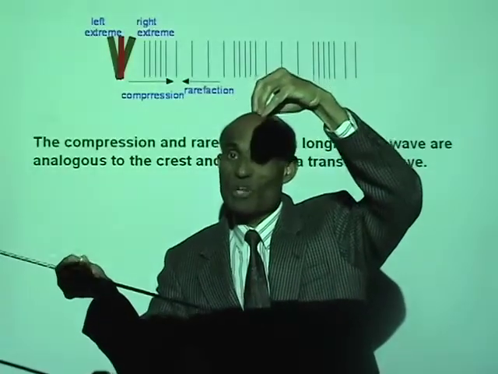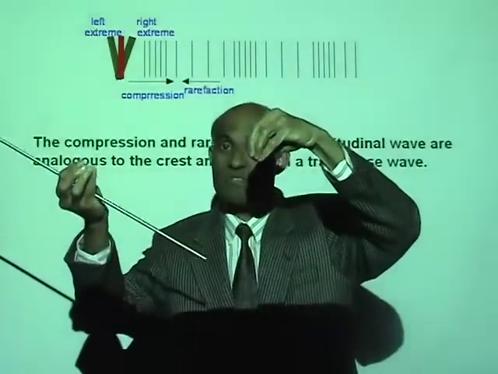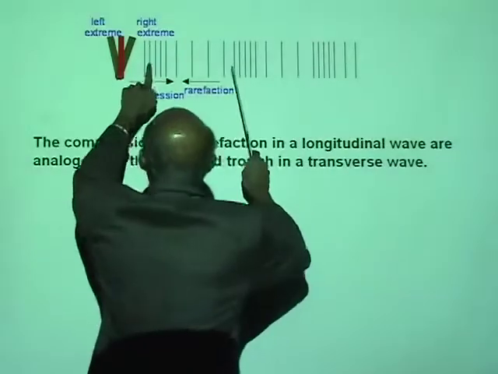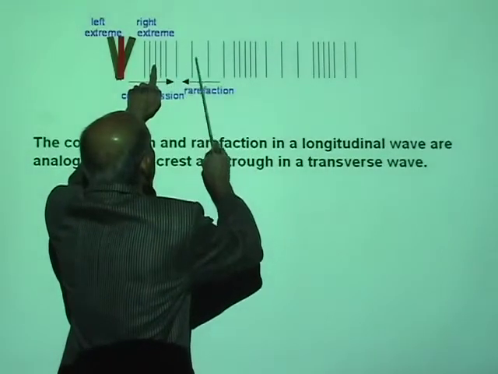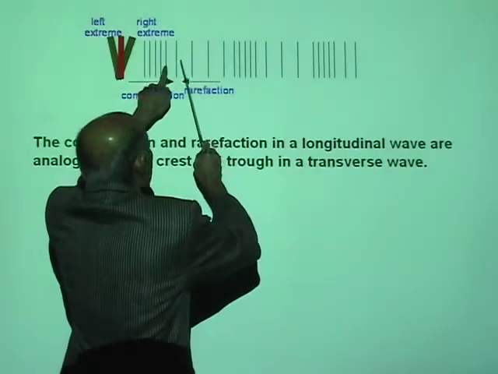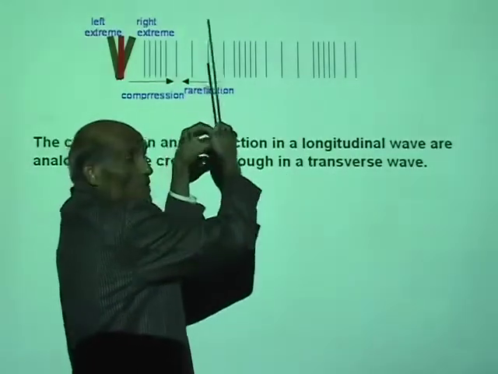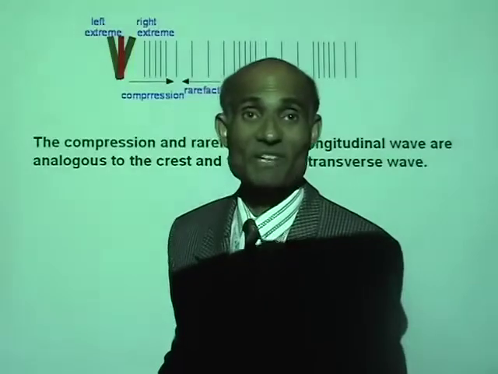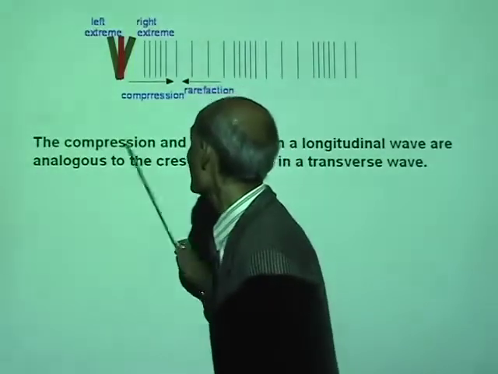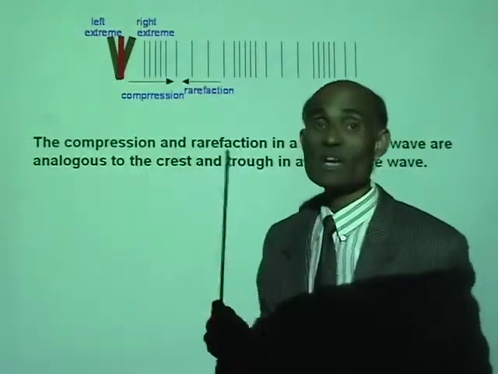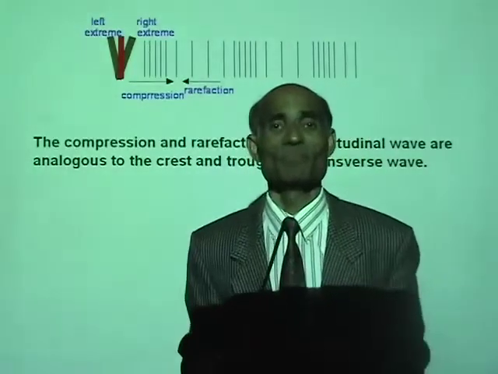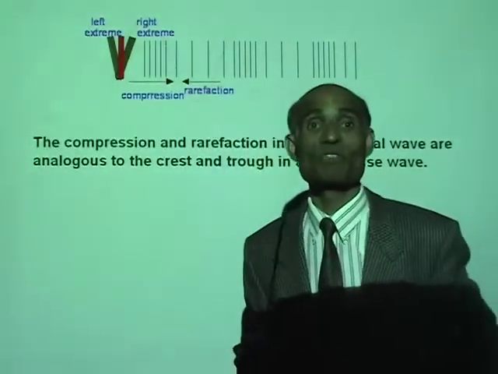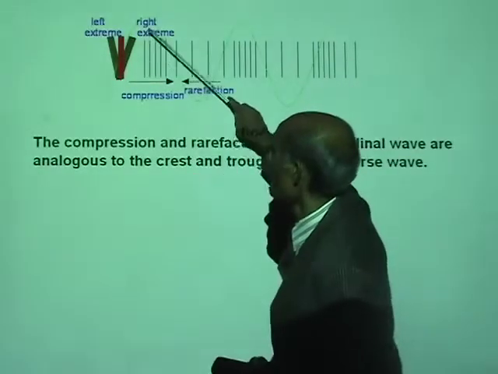So the particles are in exactly opposite phase. In the same way, on a compression, the particle is moving to the right. On a rarefaction, the particle is moving to the left. They are in opposite phase. So the compression and rarefaction in a longitudinal wave are similar to the crest and trough of a transverse wave.